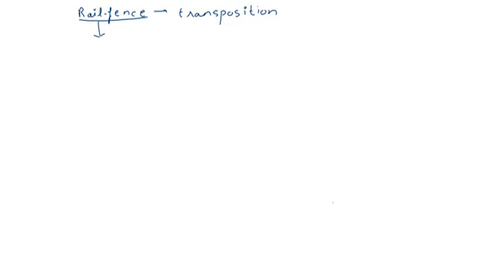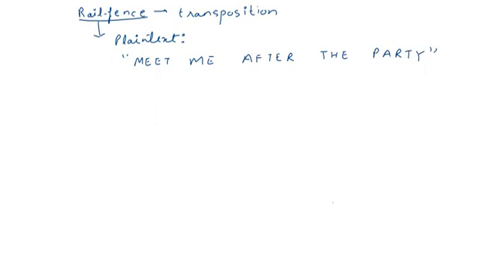For example, the plain text is: meet me after the party. Now how are we going to encrypt it?